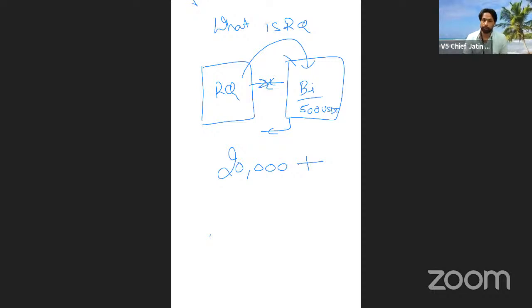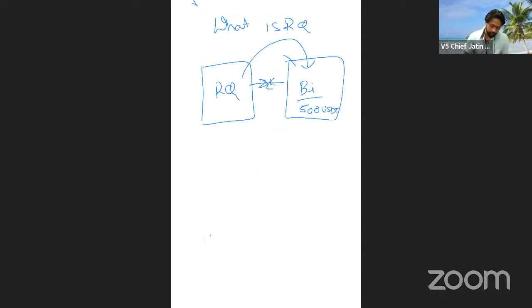So Royal Q comes into your Binance account and reads how much capital you have. Then what does it do? It starts using money in small chunks.